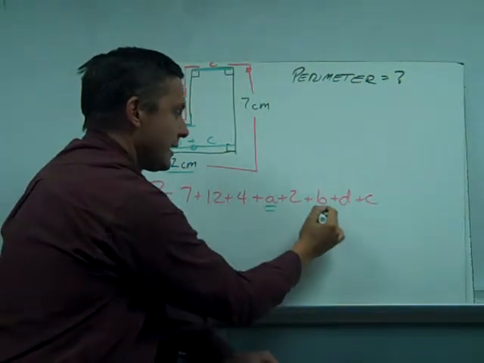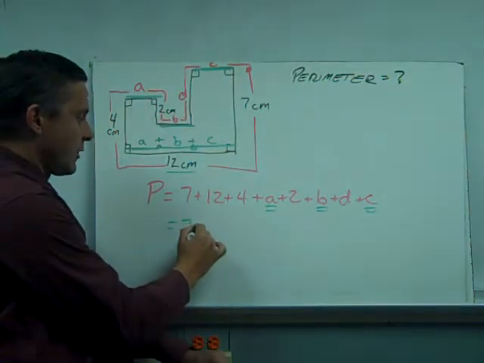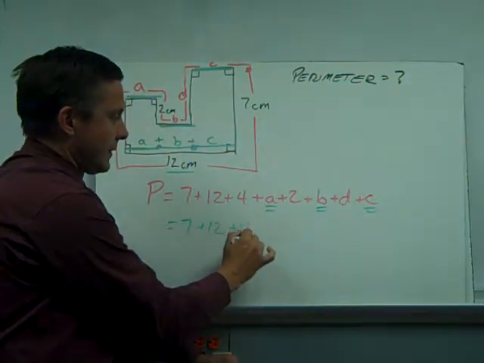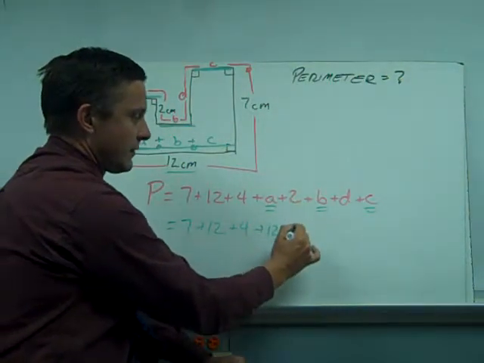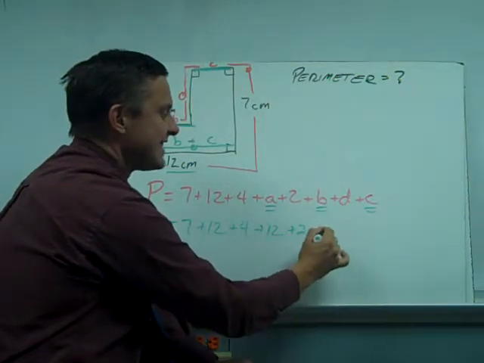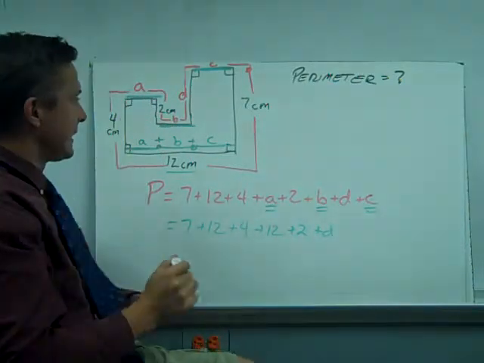So I can pull those out and rewrite my problem. Instead of A, B, and C, I'll write 12 now, I still have the 2, and I still have the D. Now this gets a little harder to calculate.